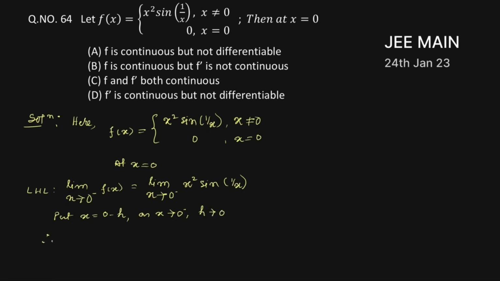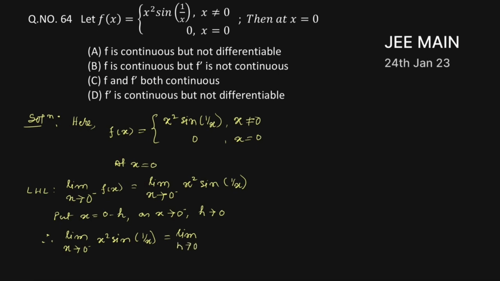Therefore, limit x tends to 0 minus x square sine 1 by x, we are able to write as limit h tends to 0.